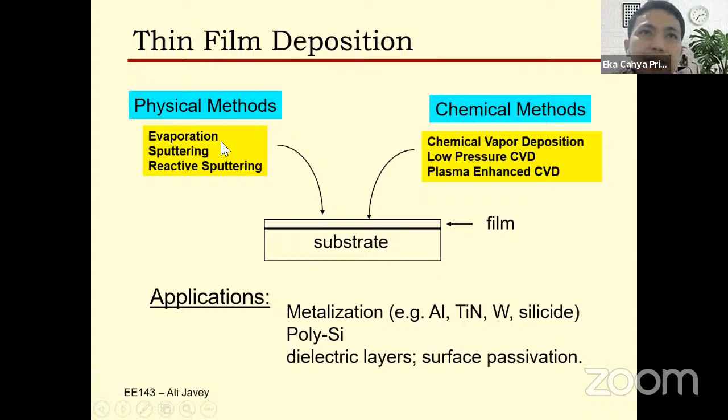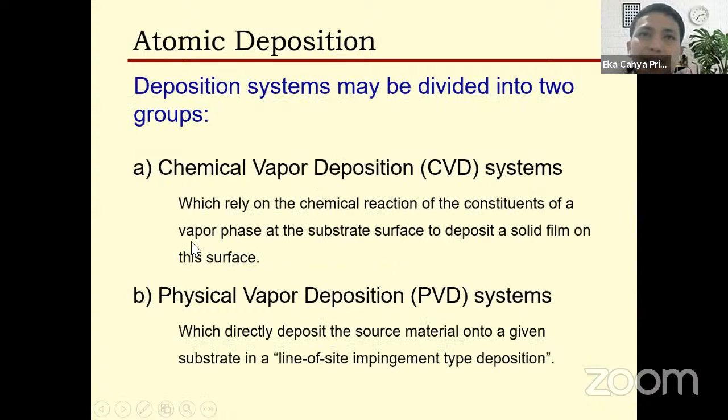The physical methods we call evaporation and sputtering, or we follow a chemical method. The terms we know are chemical vapor deposition, low pressure chemical vapor deposition, or plasma enhanced chemical vapor deposition. What makes them different?